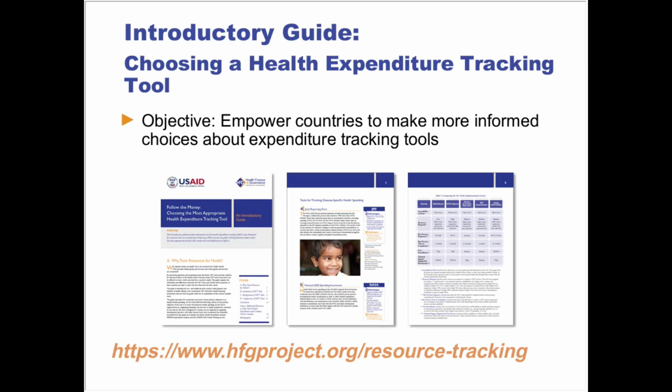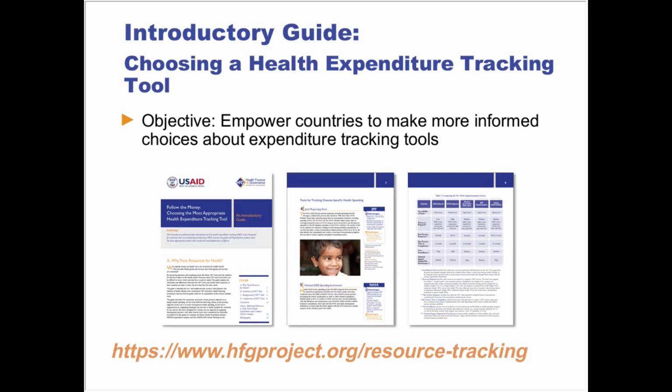And so as we saw today, there are many expenditure tracking tools available, and their similarities and differences may not always be obvious. So we wanted to produce a guide that would help to empower countries to make informed decisions about which tool is really right for them. And we wanted to do this by equipping countries with information about these different tools.